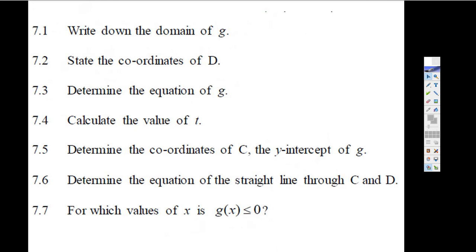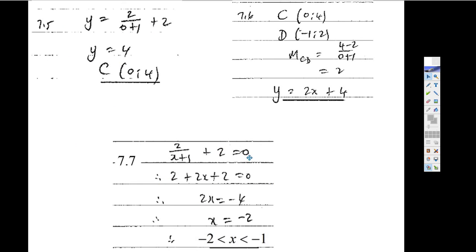Well, let's see what we did here. Okay, so we need to let y equal 0 to find an x-intercept. Well, there it is. We put 0 there and 2, and we put g of x right here. Now, this person looks here like they multiplied everything by x plus 1. 2 over x plus 1 times x plus 1. The x plus 1 cancels.